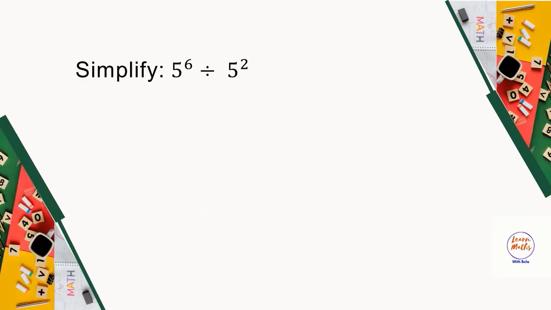So we have simplify 5 raised to power 6 divided by 5 raised to power 2. This follows the division law. So let's write out the division law. You have a raised to power m divided by a raised to power n is equal to a raised to power m minus n. So our a in this sense is 5, our m is 6, and our n is 2.